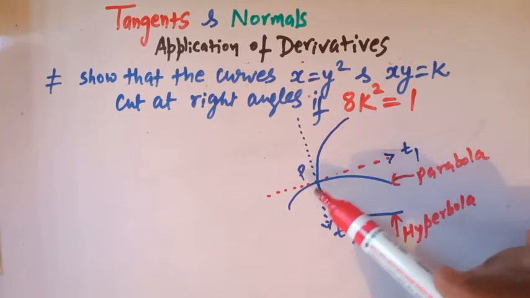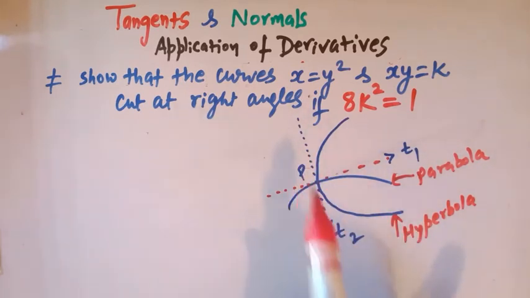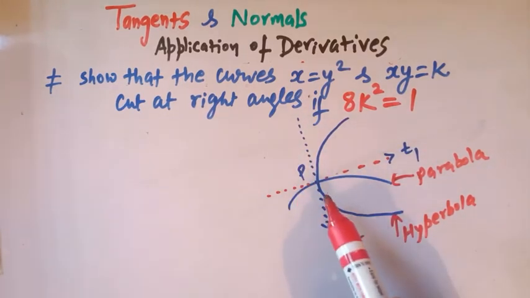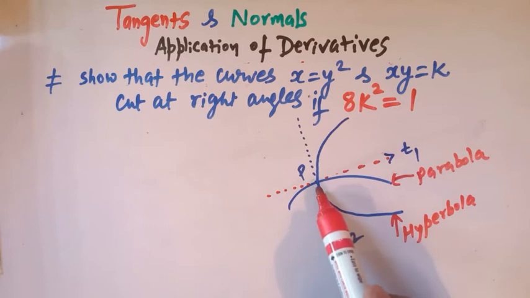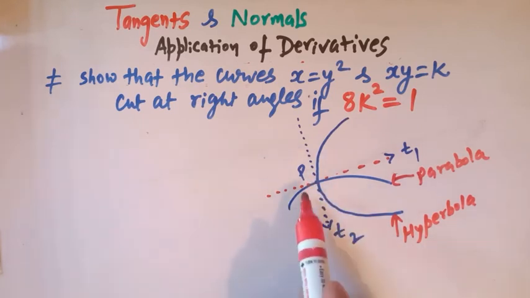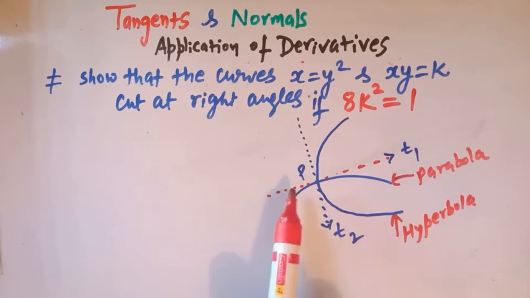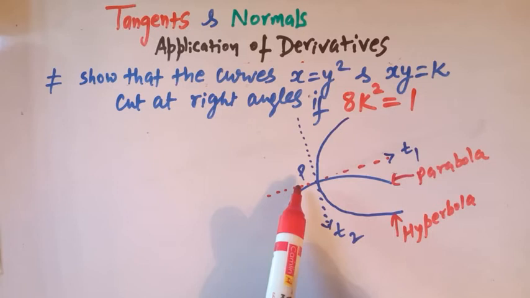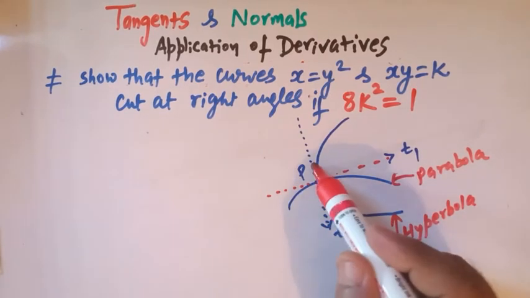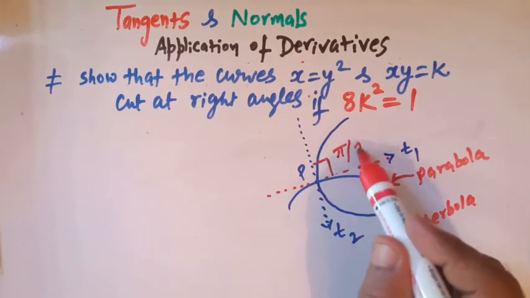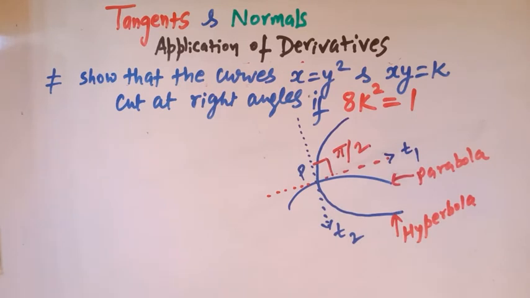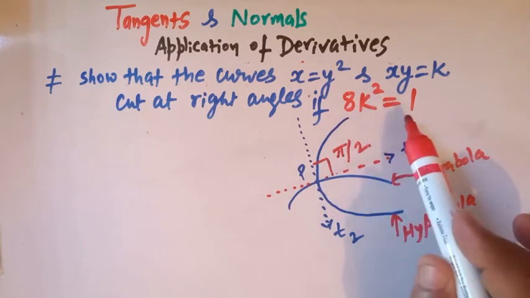Now these two curves are said to cut at right angles if the tangents at the point of intersection, P is the point of intersection, and these are the tangents T1 and T2, if the tangents T1 and T2 at this point P are at right angles, it means this angle is pi by 2, if 8k square is equal to 1.